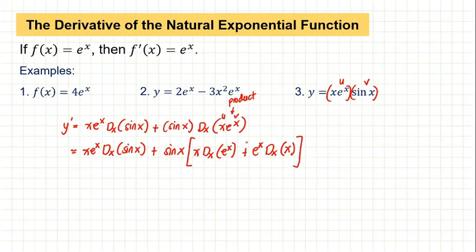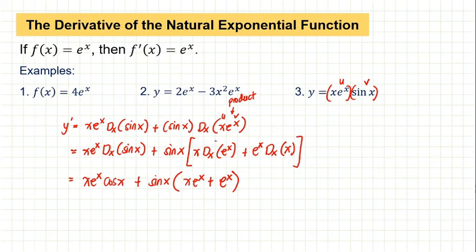So, that's it. Then we can now simplify. So, we have x e raised to x. Derivative of sine is just cosine. So, we have cosine x plus sine x times, we have x, derivative of e raised to x is e raised to x, plus e raised to x times, derivative of x is 1, so e raised to x na lang yung matitira.